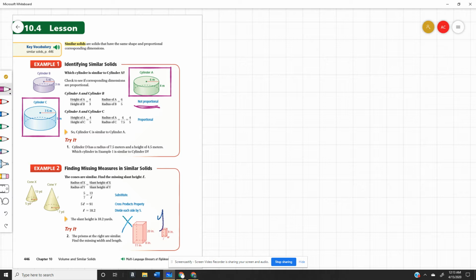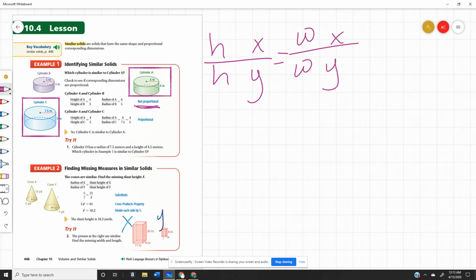Okay, and we're going to look at the height of X over the height of Y, and we're going to say that's equal to the width of X over the width of Y. I'm just going clockwise here. So the height of X is 8, the height of Y is 20. The width of X, I don't know.